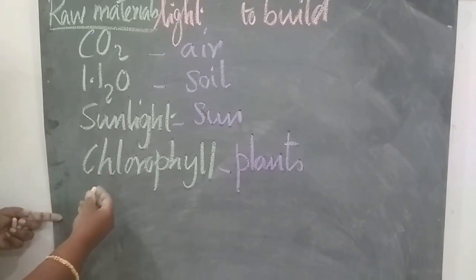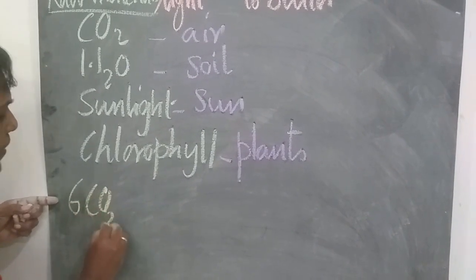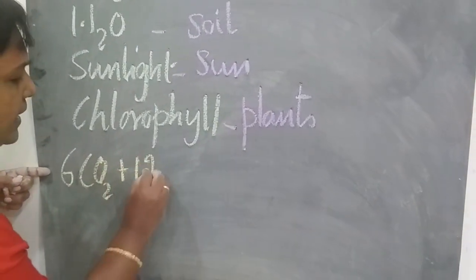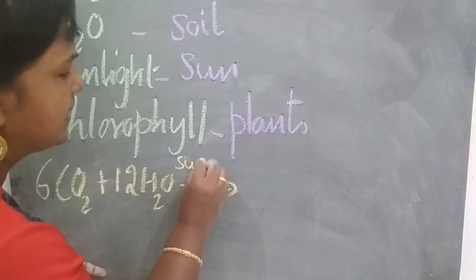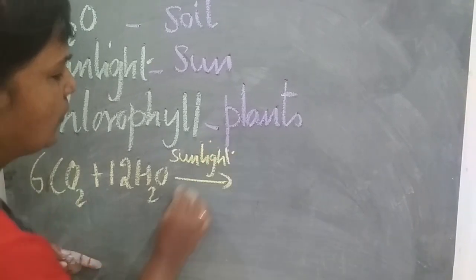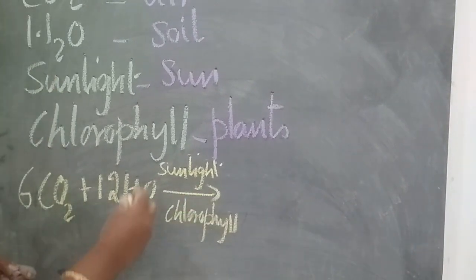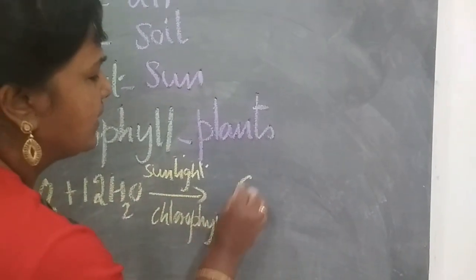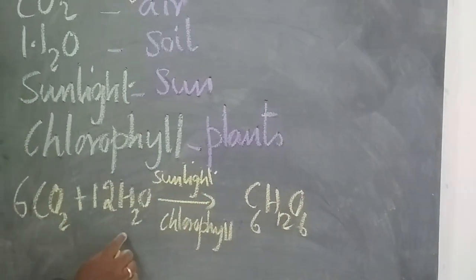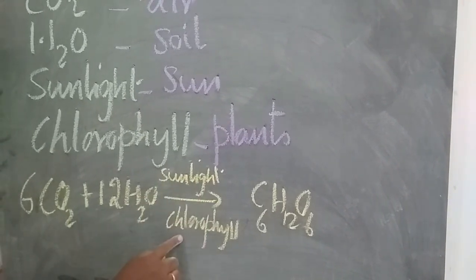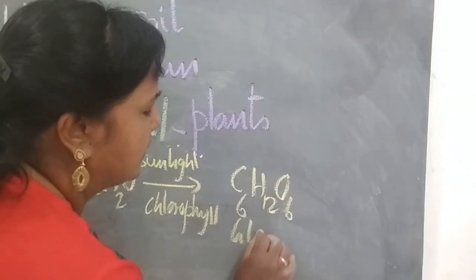When you are taking the equation for photosynthesis, the carbon dioxide combines with water in the presence of sunlight and chlorophyll, and is giving out the food, that is the glucose.